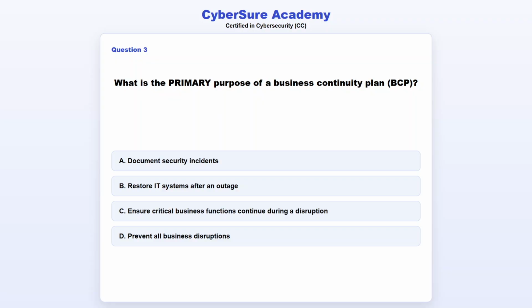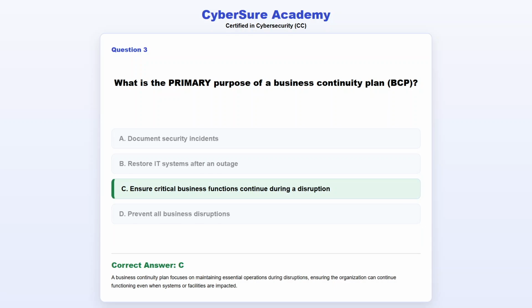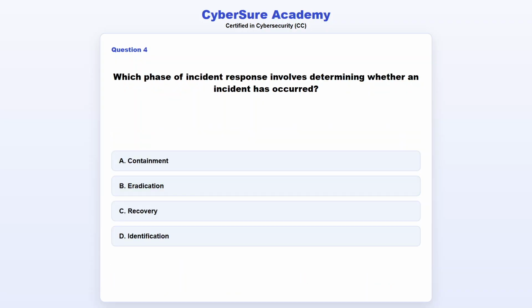And the correct answer is C. Ensure critical business functions continue during a disruption. A business continuity plan focuses on maintaining essential operations during disruption, ensuring the organization can continue functioning even when systems or facilities are impacted.